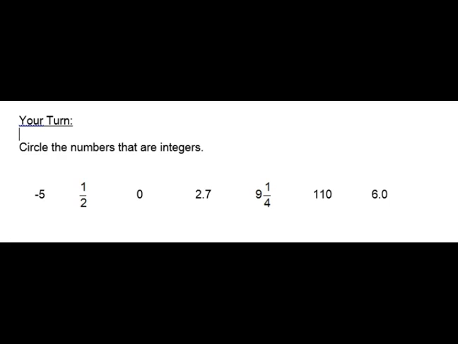Now let's see if you can identify which of these numbers are integers. Go ahead and circle which of these numbers you think are integers, and then we'll see if you got them right. Here are the numbers you should have circled. Negative 5 is an integer because it's a negative number. It's less than 0. 0 is an integer. Now it's not a negative number or a positive number, but it is an integer. 1/2, 2.7, and 9 1/4 are not integers because they can all be written as decimals. 110 is an integer.